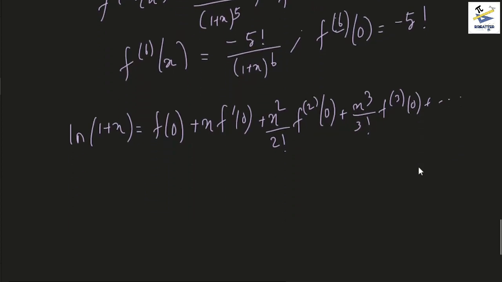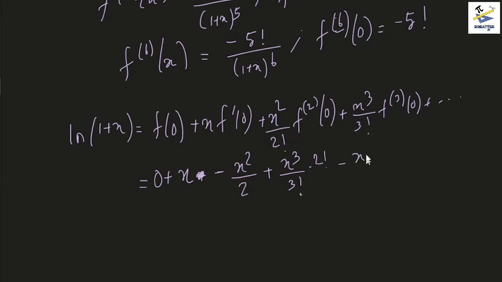Now once we start putting in the values, we see that f(0) is 0 and f'(0) is just 1. For the even one it's negative, if you remember, so it's not plus, it's minus x square by 2, plus x cube by 3 factorial into 2 factorial, minus x to the power 4 by 4 factorial into 3 factorial, and so on.